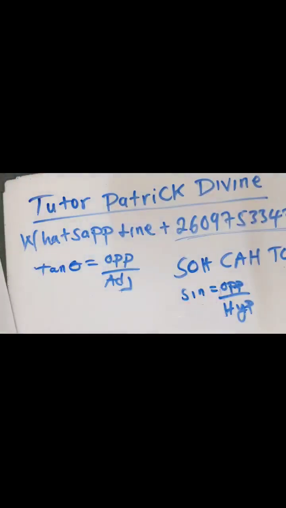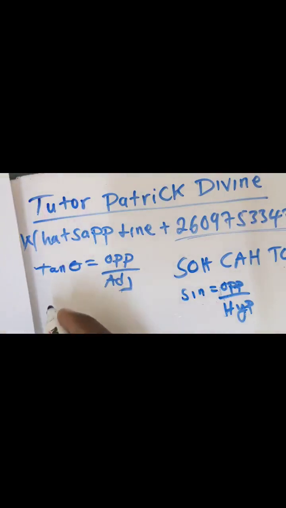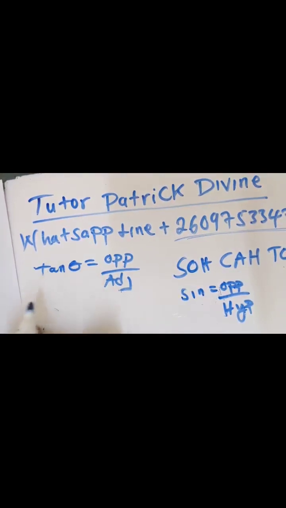Now that we know we have this, we can find the rest by using the Pythagoras theorem. So here we have tan PQR is equal to 4 over 3.